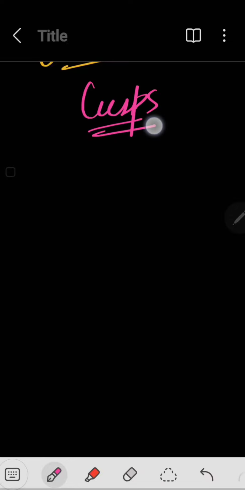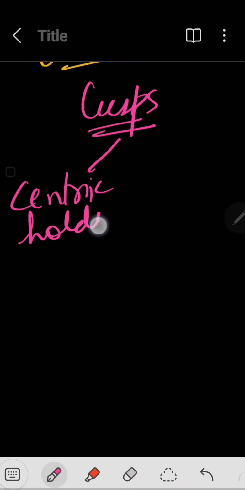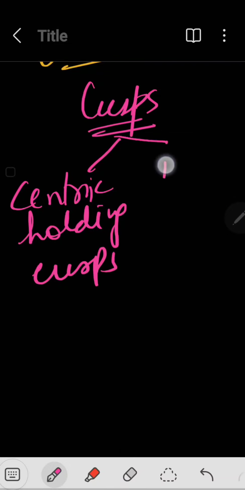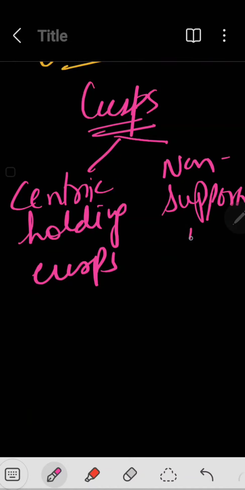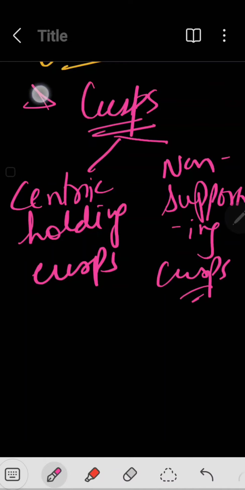To study the occlusal planes, one must know the types of cusp. Basically, the human posterior teeth constitute two types of cusp. One is called the centric holding cusp, and another is called the non-supporting cusp.